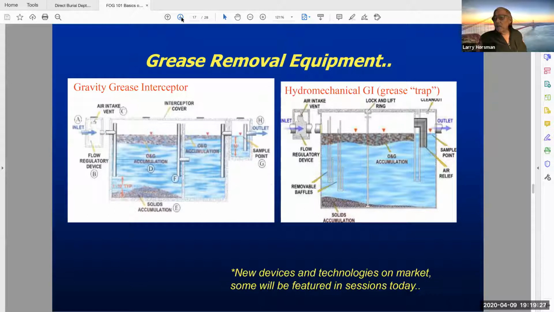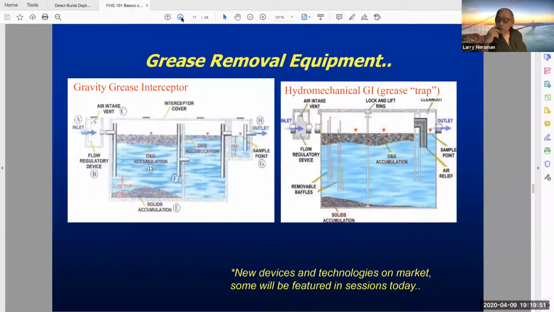Also, many times on the outside, you see on that gravity grease interceptor on the right, there's a little sample chamber there, so they can go in there and check the water quality coming out of the grease interceptor and see if it meets whatever the health department or the sewering agency requires.